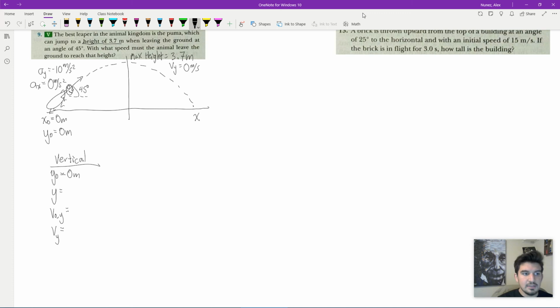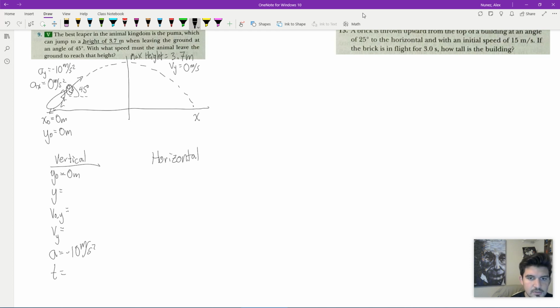And if we looked at just the vertical component, it went up, stopped, and then came back down. So that tells us at the max height of the jump, the velocity is 0 meters per second. We know throughout the whole flight, the acceleration is negative 10 meters per second squared, and we don't know anything about the time.